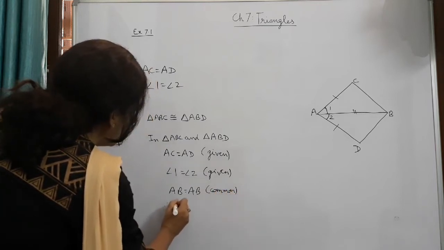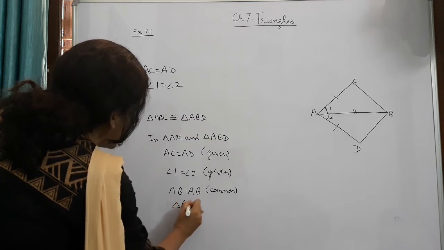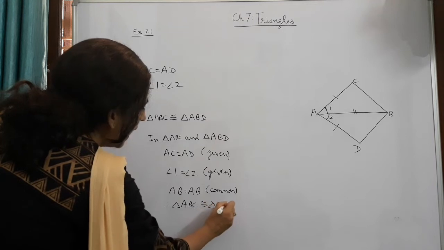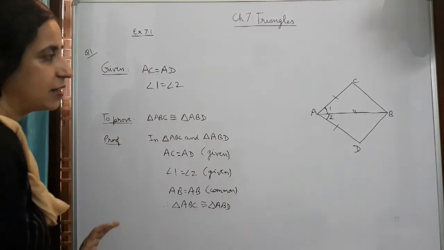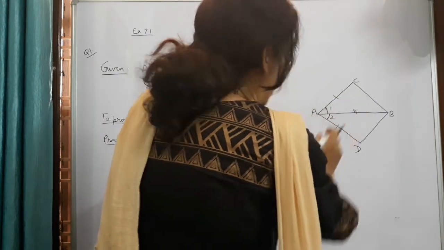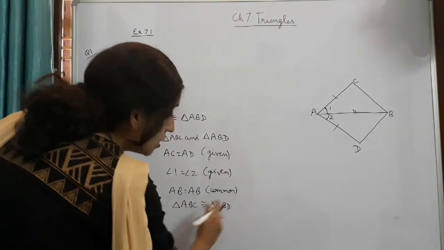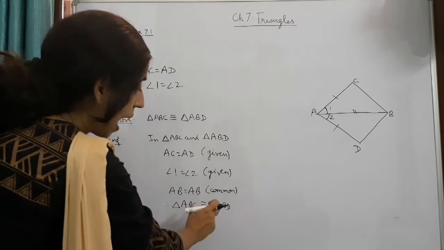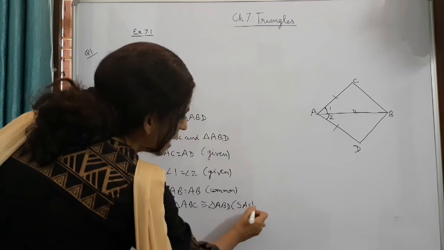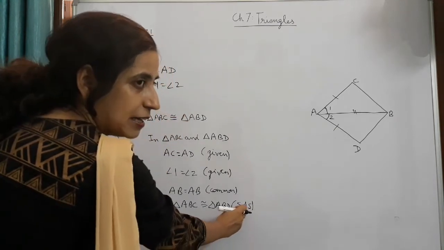So therefore we can say that triangle ABC is congruent to triangle ABD by which criteria of congruence? By SAS criteria of congruence. So whenever you prove the questions you have to mention the criteria of congruence, otherwise half mark would be deducted.